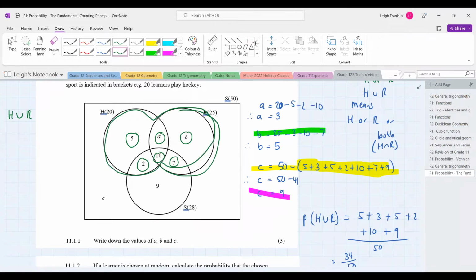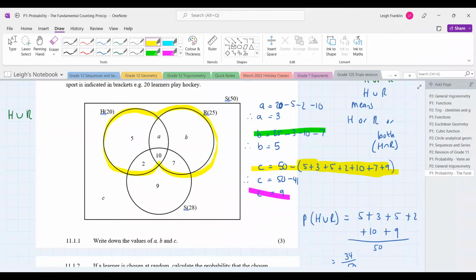Does that make more sense to you, Pumeza? Okay, so hockey or rugby means everything that is inside the circles R and B, including where they overlap. In other words, hockey or rugby is that.